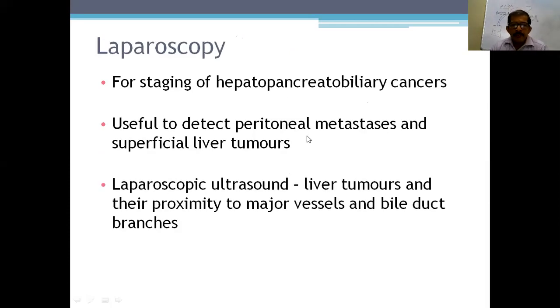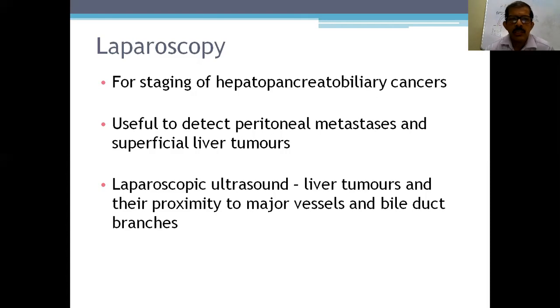Now, finally, laparoscopy. Before you proceed with extensive surgeries, first you can do laparoscopy. If the liver is riddled with multiple small secondaries which are not seen by your ultrasound or even CT scan, small on the surface, then this case is unfit for any resection.